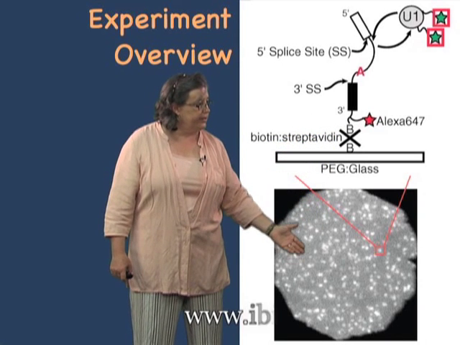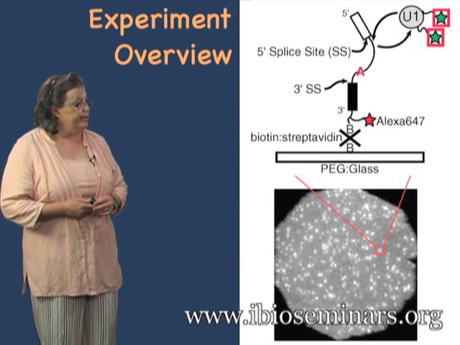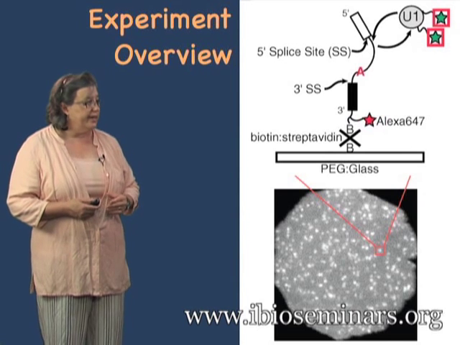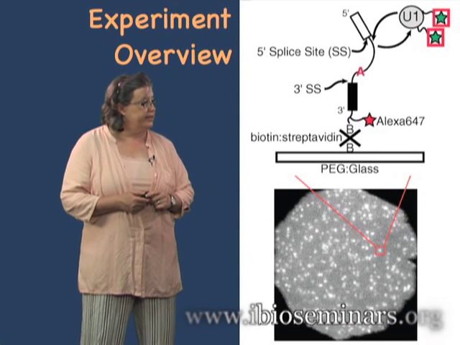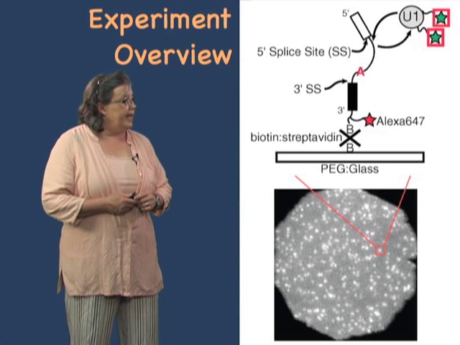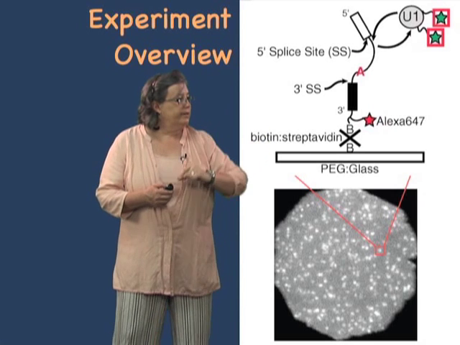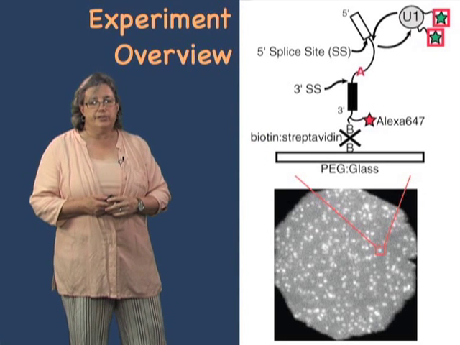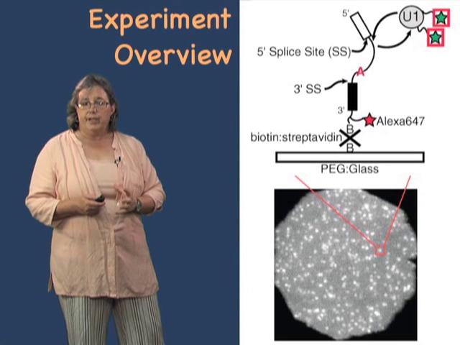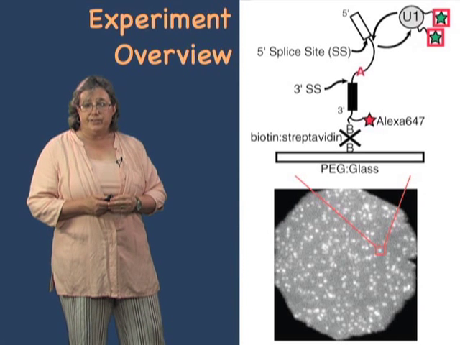And this is actually a view through the microscope of what a field of these pre-mRNAs looks like, where each one of these spots is a single molecule of pre-mRNA. And in the movies I'm going to show you, we're going to be looking at U1 SNRP binding to those pre-mRNAs over time in splicing reactions.